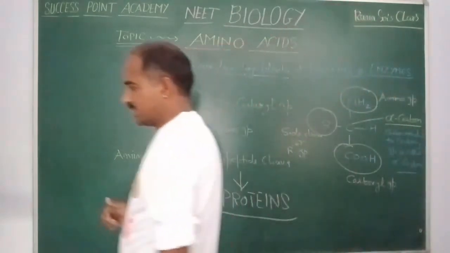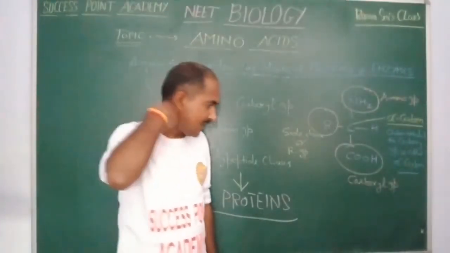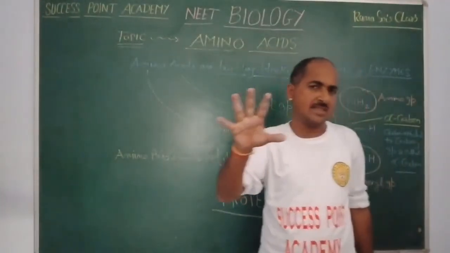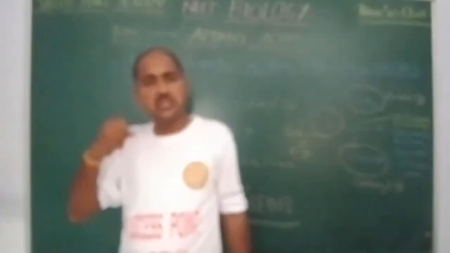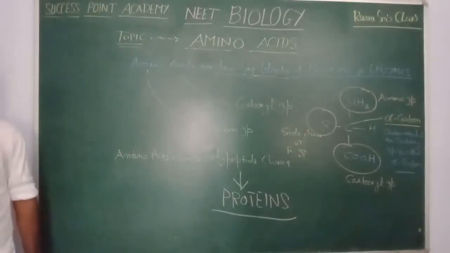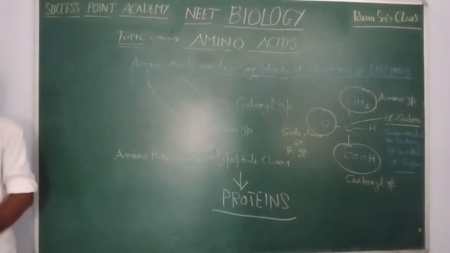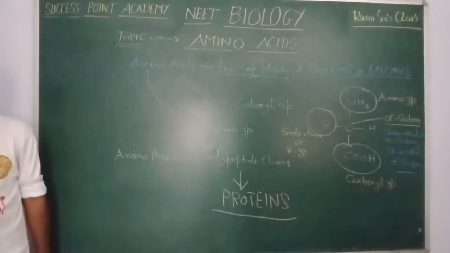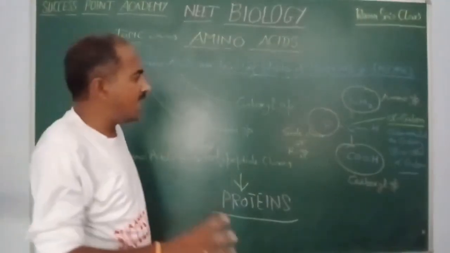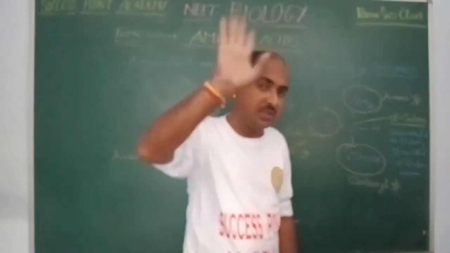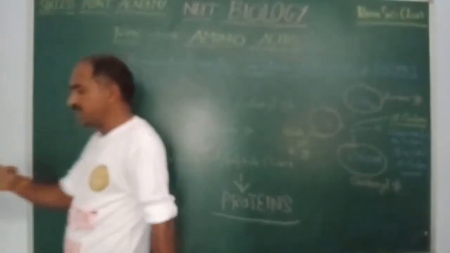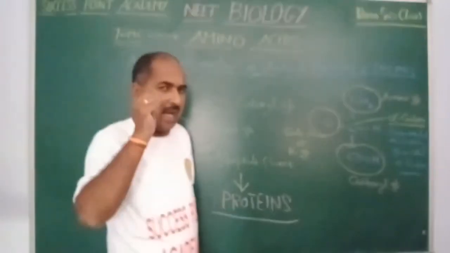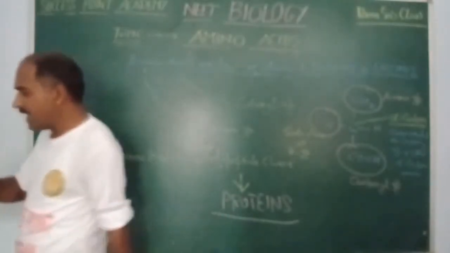One more thing, remember this: generally what we have read is that there are 20 amino acids, but students, in terms of genetically encoded proteinogenic amino acids, there are 22 amino acids. 20 we have generally read, and the other important additional 2 amino acids, they are what?